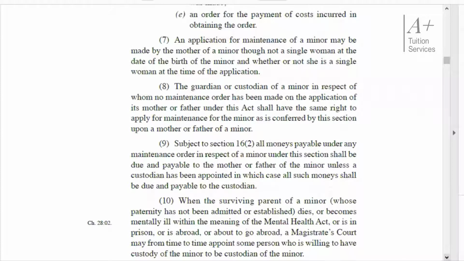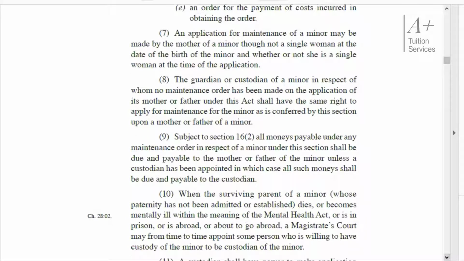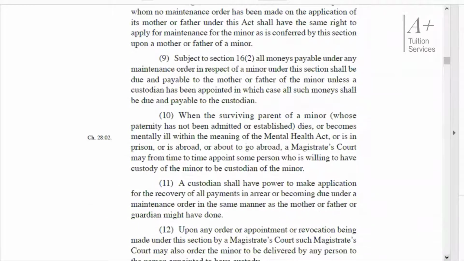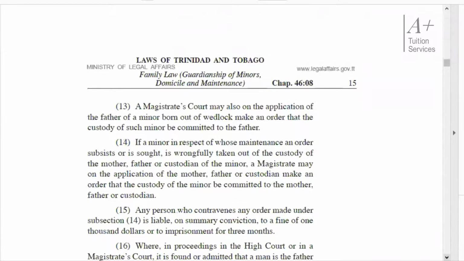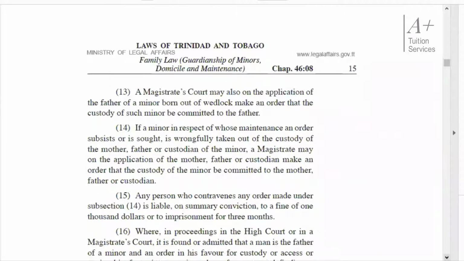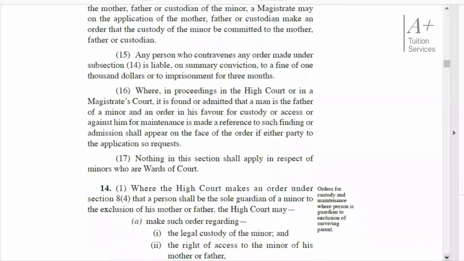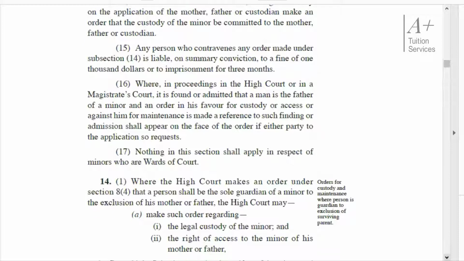The law also talks about how maintenance should be applied for and received. Moving on, it talks about the father's right to apply, for example, there are some people who might think a child is his or hers, and well, his, and they have all rights to go to court and contest it.